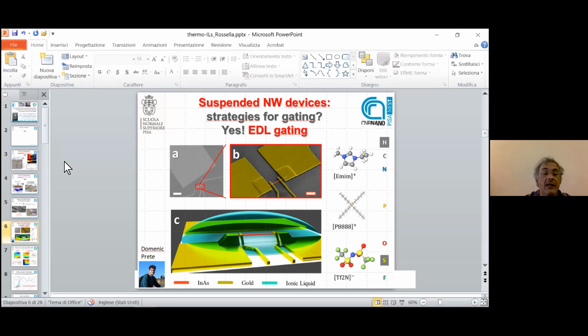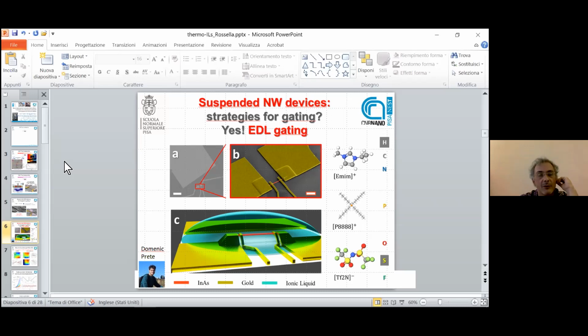This would be one of the next steps we are going to do. Actually, there is some collaboration with, for instance, the group of Ilaria Zardo in Basel, who has a strong expertise in phononics at the nanoscale, and so we are trying to combine our expertise to go for the optimization, not just the measurement of the figure of merit, but the optimization of the figure of merit, increasing it by exploiting this approach.